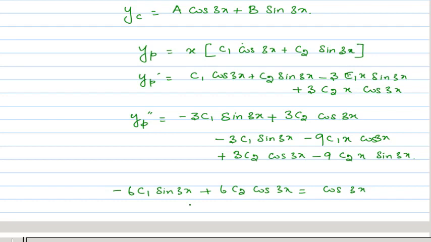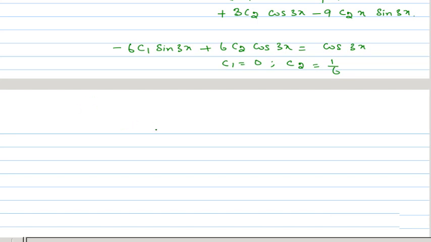Comparing the coefficients, c1 equals 0, c2 equals 1 over 6. So your particular integral is 1 over 6 times x sin 3x.